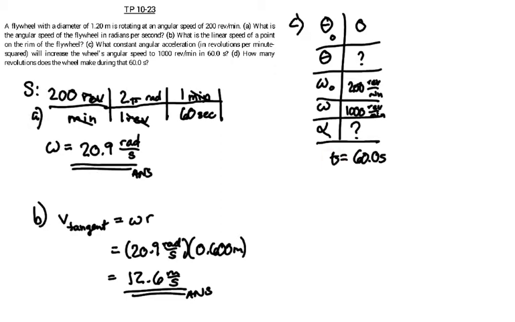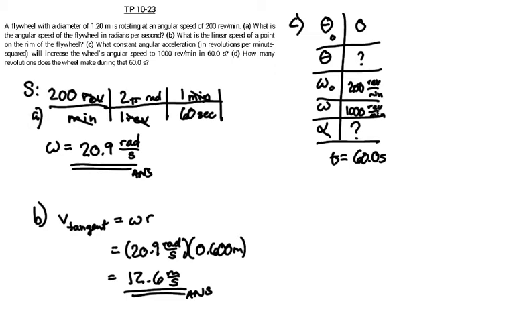Like usual with any kinematics problem, we often assume that our initial position is 0, so that's what I've done with this problem. I don't know where I'm ending up after these 60 seconds. I think we'll find out in part D. And here I have my initial and my final, and we need to find this angular acceleration.